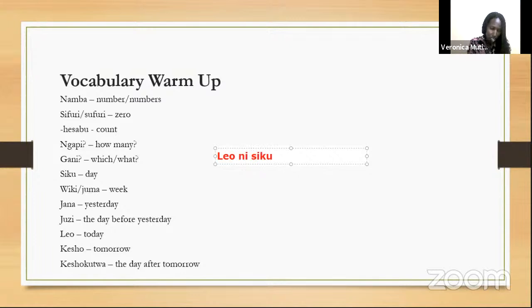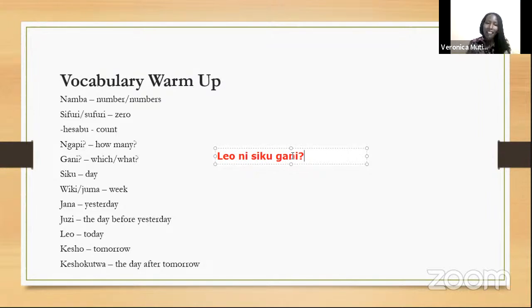Siku is day. So this is how it goes literally in Swahili. Today is what day? The question word goes to the end after the day. Leo ni siku gani? Today is day which? To mean today is which day?